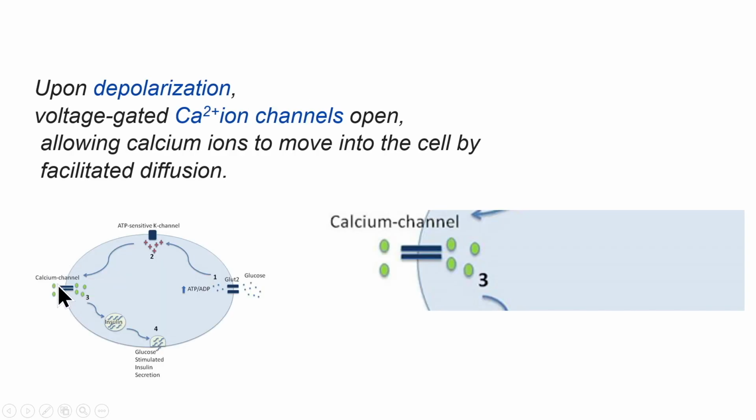Other channels, which are depolarization sensitive calcium channels, are present on the cell membrane of the beta cells, and when there is high concentration of ATP within the beta cells, they result in the depolarization of the cell membrane and lead to the opening of depolarization sensitive calcium channels.